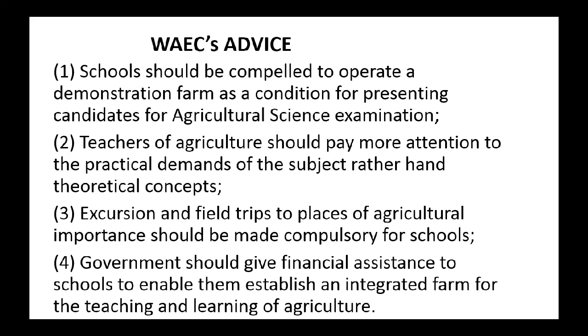Excursions and field trips to places of agricultural importance should be made compulsory for students. 4. Government should give financial assistance to schools to enable them to establish an integrated farm for the teaching and learning of agriculture. So these were the general comments, strengths, and weaknesses identified in this paper.